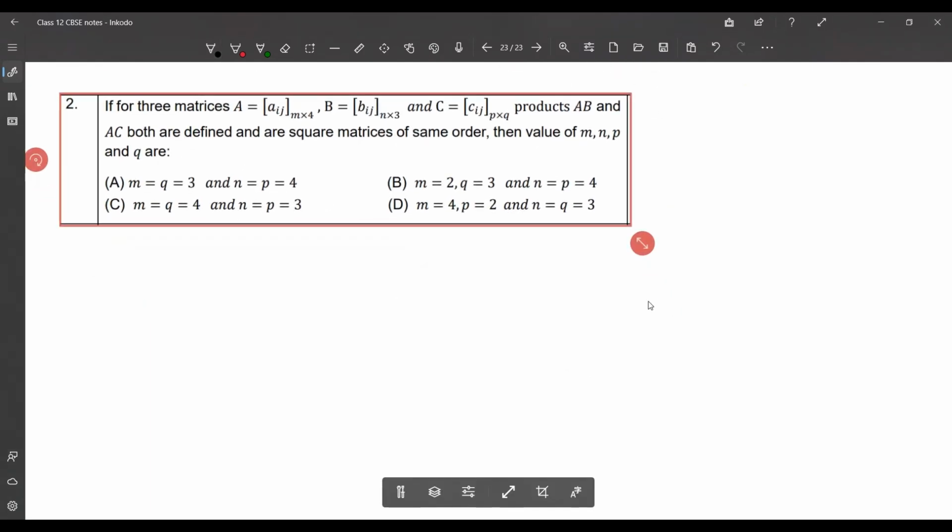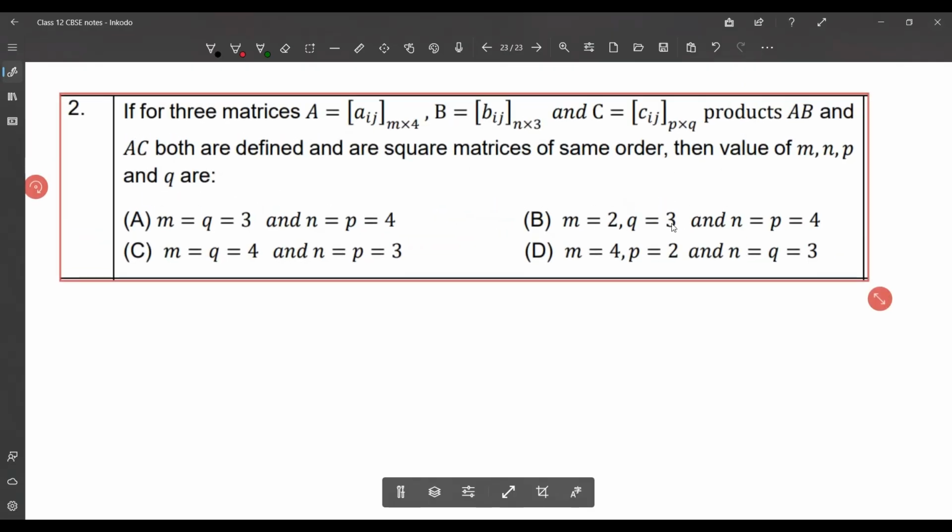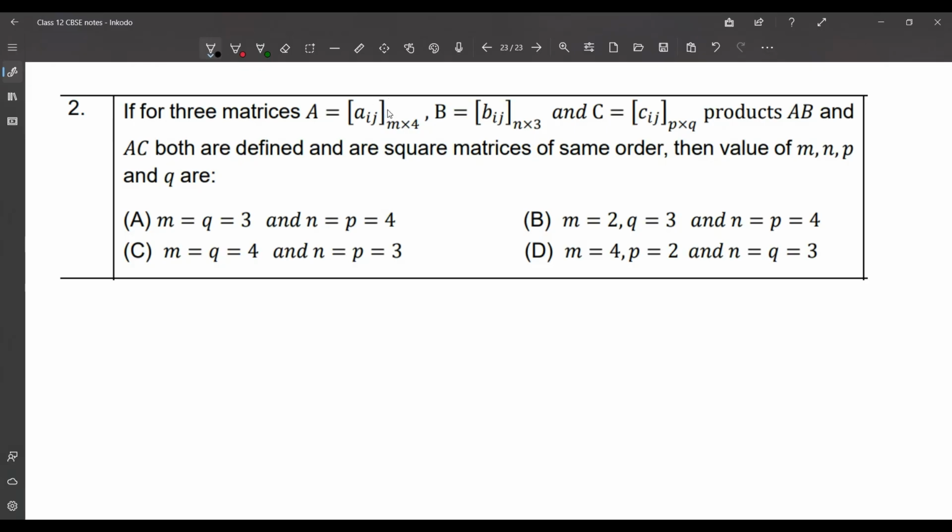For three matrices, A, B, and C, the orders are given. The order of the matrix A is m cross 4. The order of the matrix B is n cross 3. The order of matrix C is p cross q. The products AB, AC are defined. Okay.